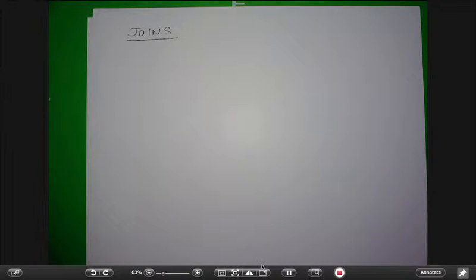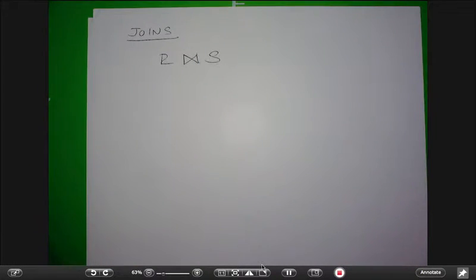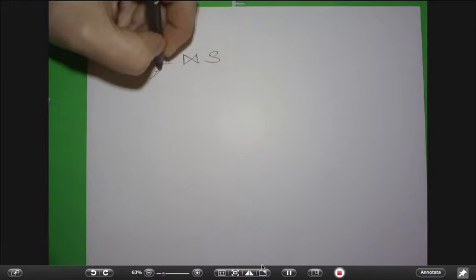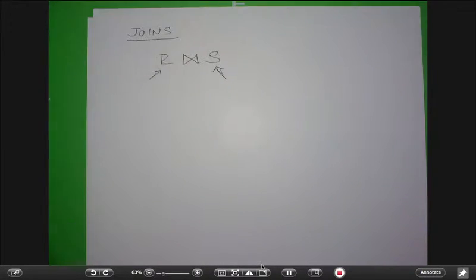So, a little terminology. Whenever you're doing a join, we write it like this, right? It is going to be important to distinguish between these two.